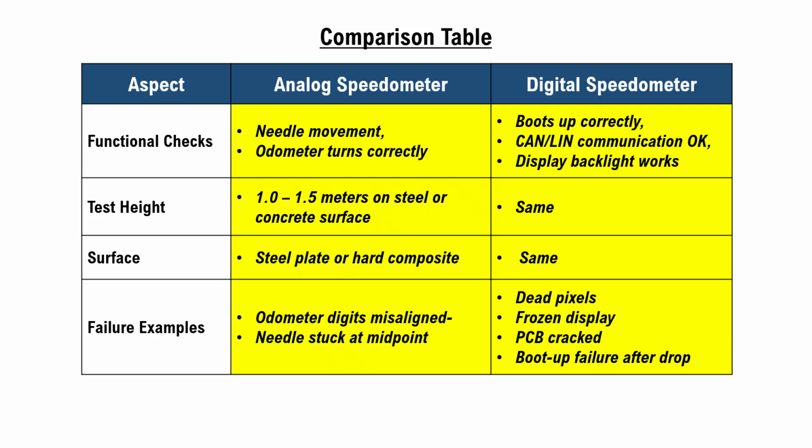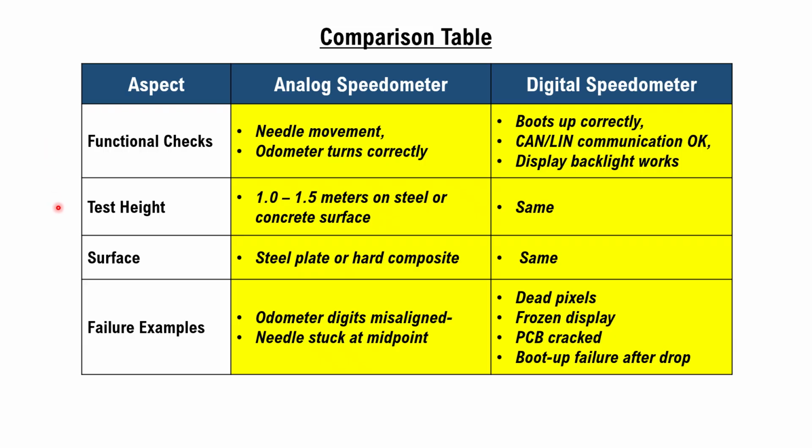To continue with this comparison table, the aspect functional checks. In case of analog speedometer: needle movement, odometer turns correctly. For a digital speedometer: boots up correctly, CAN LIN communication okay, display backlight works.